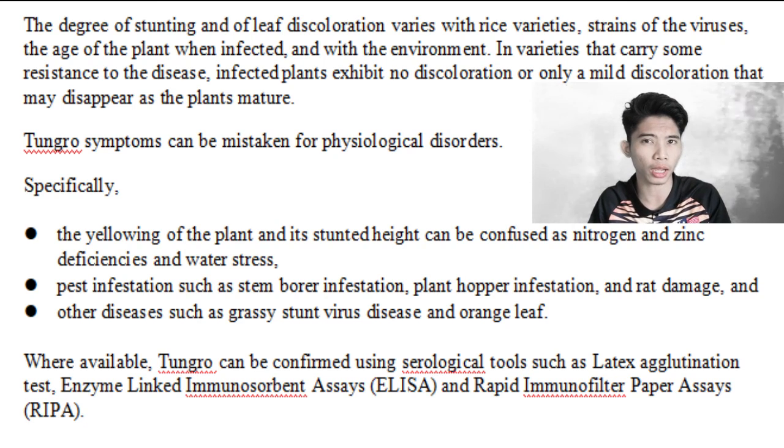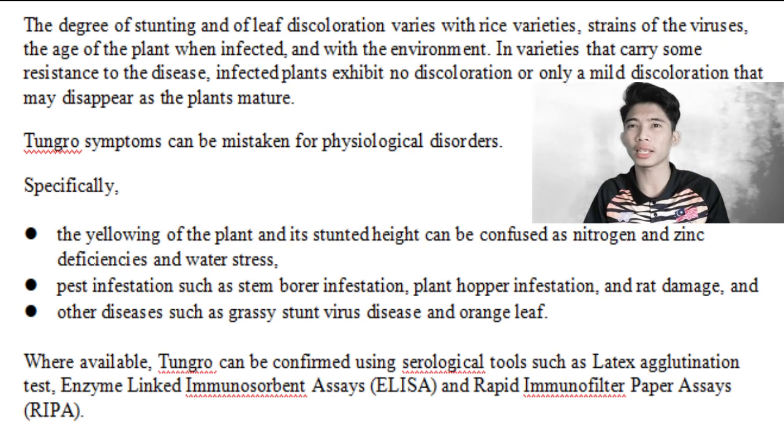In varieties that carry some resistance to the disease, infected plants exhibit no discoloration or only a mild discoloration that may disappear as the plants mature. Tungro symptoms can be mistaken for physiological disorders.